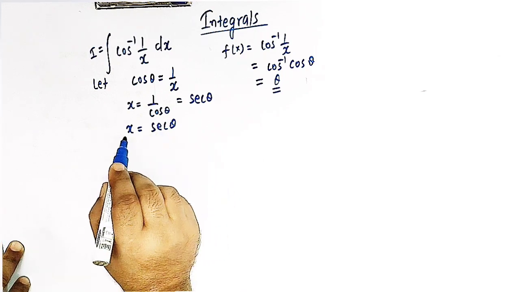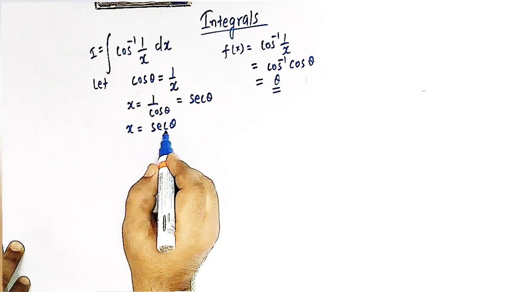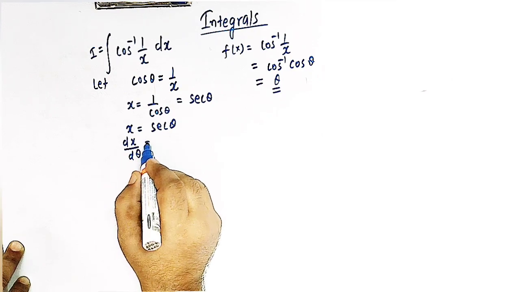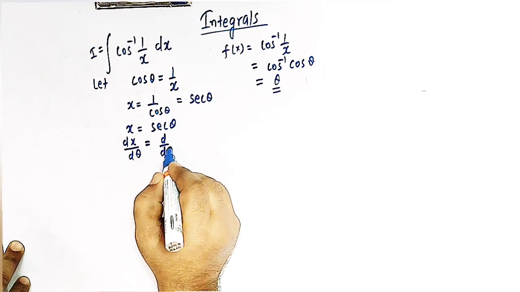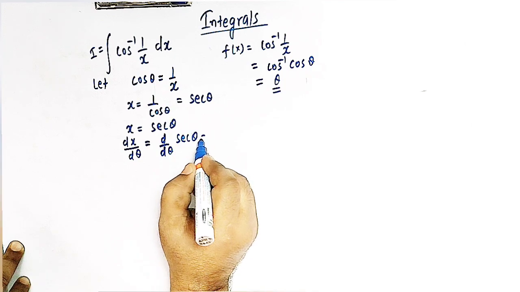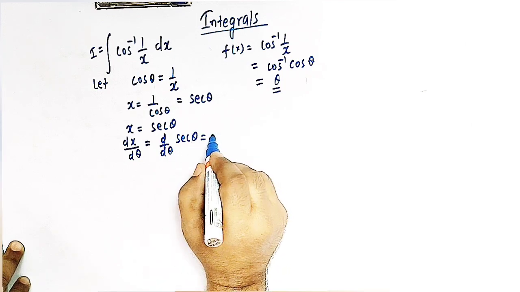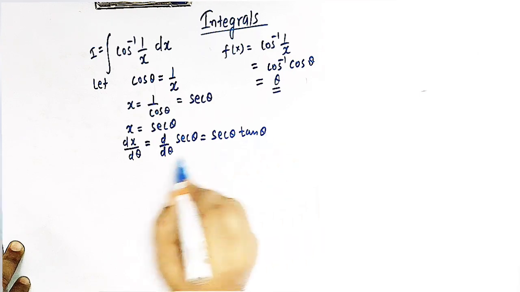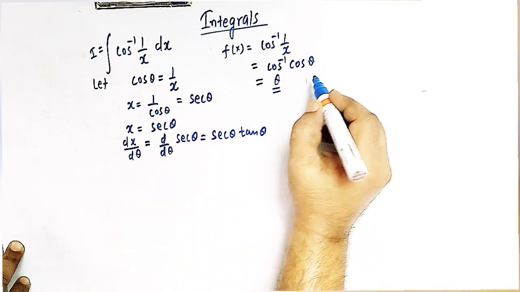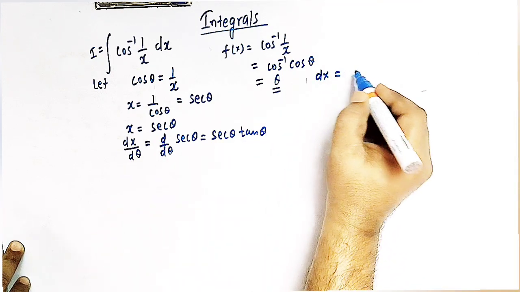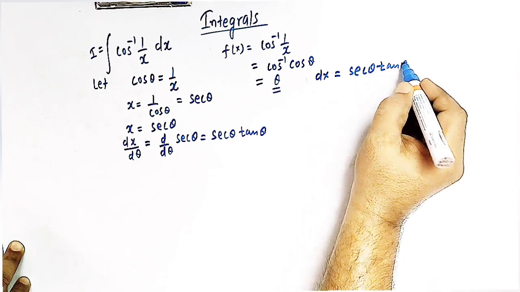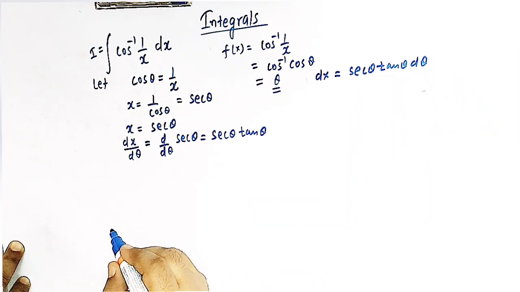Now let us differentiate x with respect to theta. We have dx over d theta is equal to the derivative of secant theta, which is secant theta tan theta. So now dx is equal to secant theta tan theta d theta.